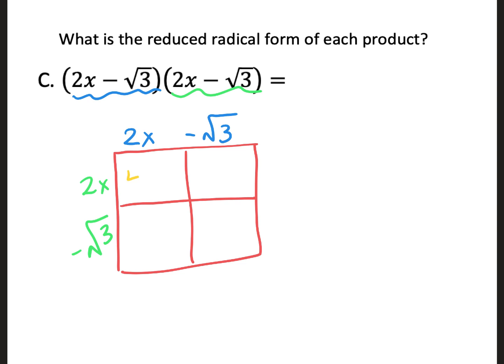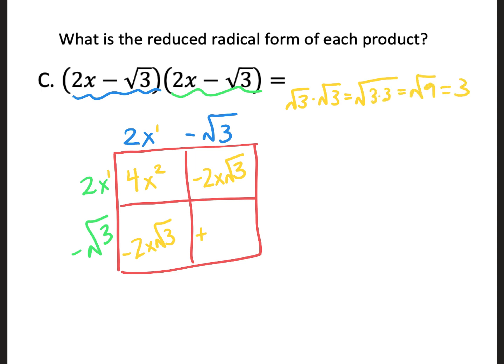2x times 2x gives me 4, and then you need to add your exponents, so we have 4x squared. 2x times negative root 3 is negative 2x root 3, that number will be up front. 2x times negative root 3 down below is negative 2x root 3. When I do negative root 3 times negative root 3, I get a positive, and then the square root of 3 times the square root of 3, that's actually the square root of 3 times 3, which is the square root of 9, which is 3.